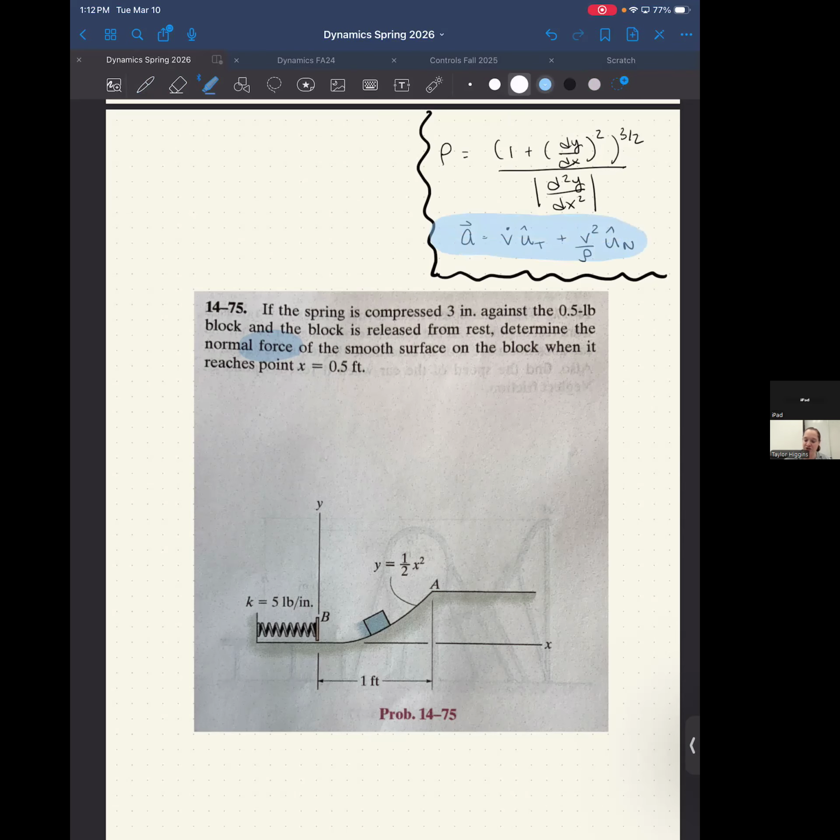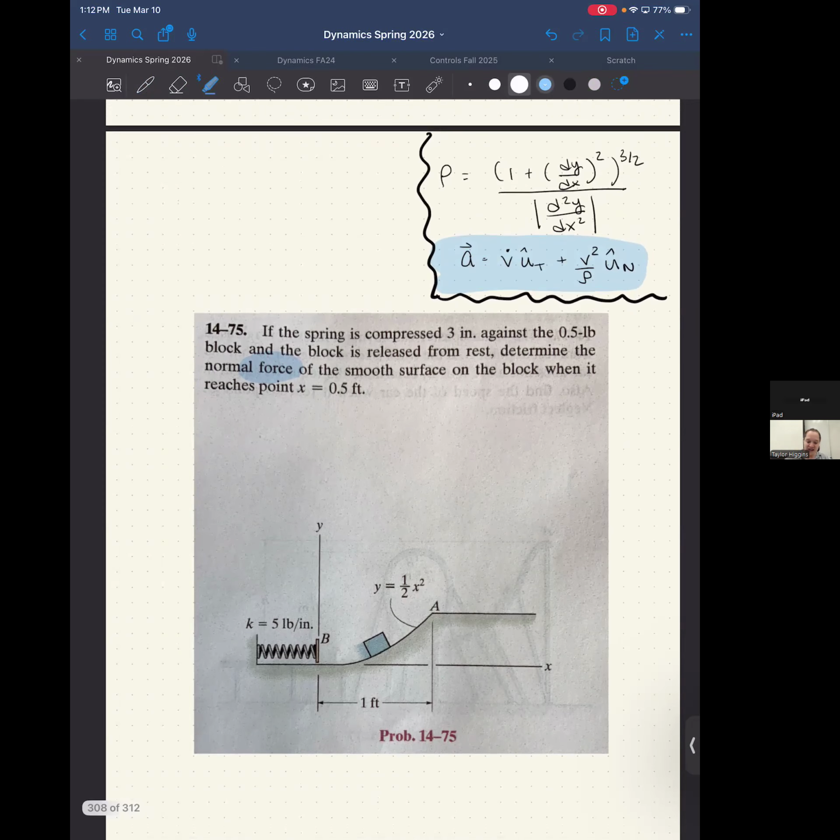I'm going to remind you of what acceleration looks like in the normal and tangential system. And then they give us the equation of the curve that this particle is following, so that we can solve for the radius of curvature at that point. So we can solve for rho, and I've given you here the equation for how we find rho based on an equation of the curve.